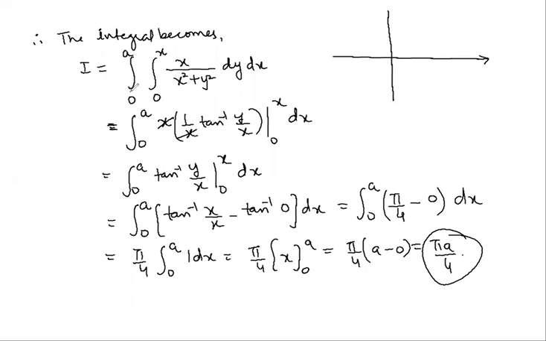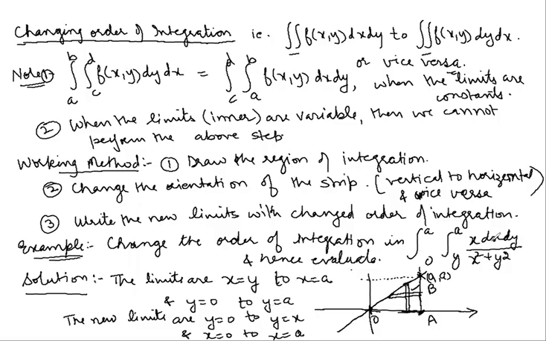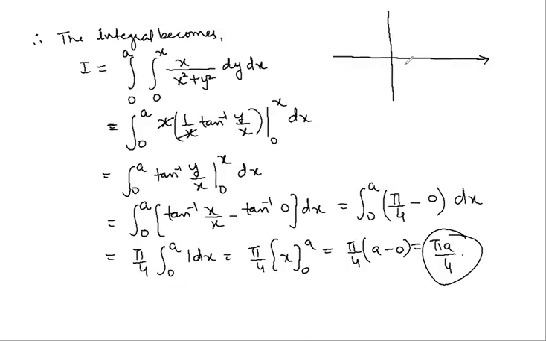So for the limits we had x varying from y to a. Okay, we will write it as it is. We will write the integrand first. Okay, integrand was y to a, the integrand dx dy. Okay, and 0 to a. So this was the integrand.